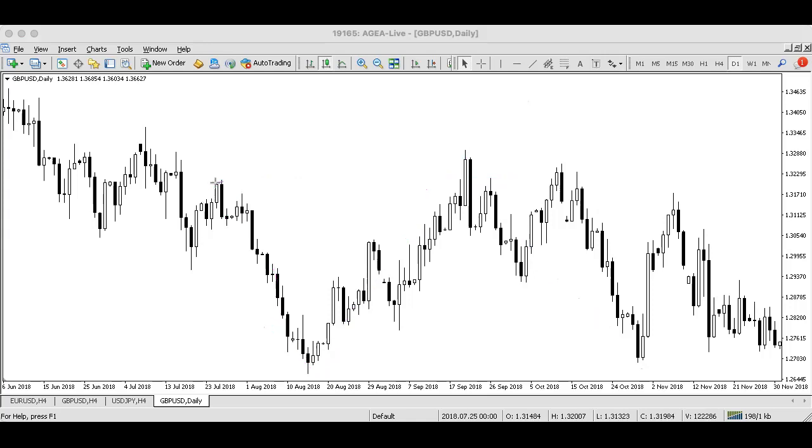In this sense, this is where the bulls were. This is a bullish candle, but then the next candle became bearish, and after that, the market rallied.